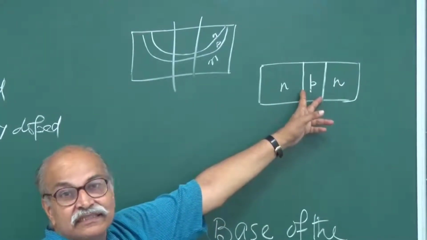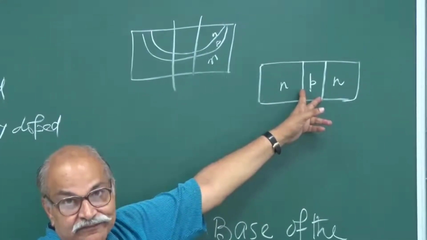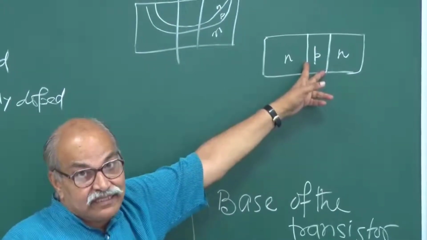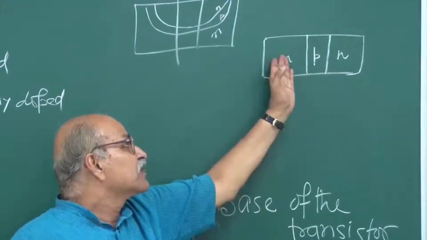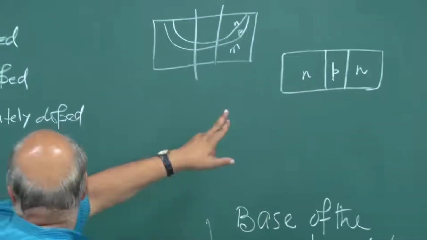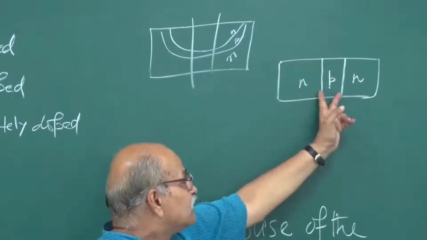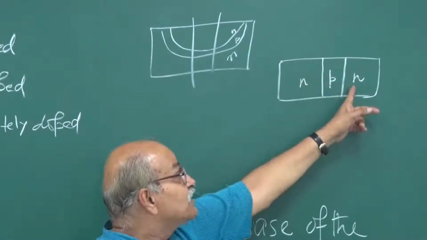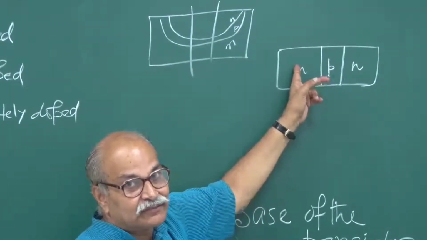The base should be very, very thin. How thin? Could be 1-2 micrometers, or even less than a micrometer. That is very thin compared to the others, which may be 100 times more. We will come to the geometrical parameters. So one is the doping level: the base is very lightly doped, one of the other two, the emitter, is heavily doped, and the other is moderately doped.